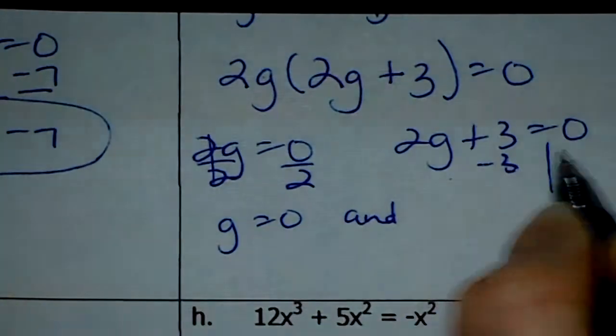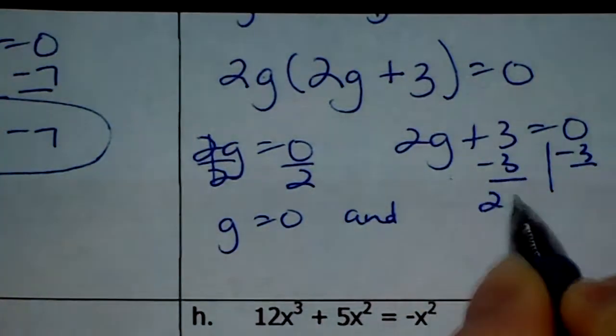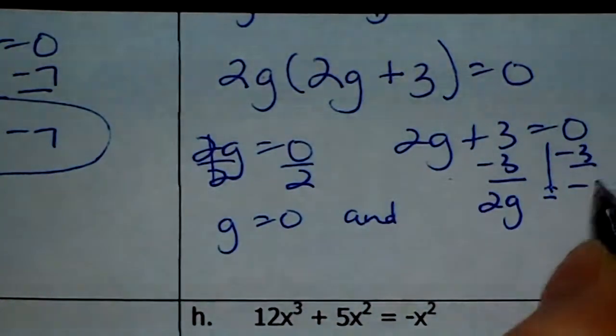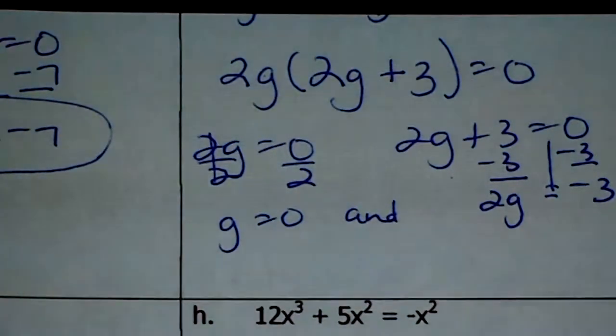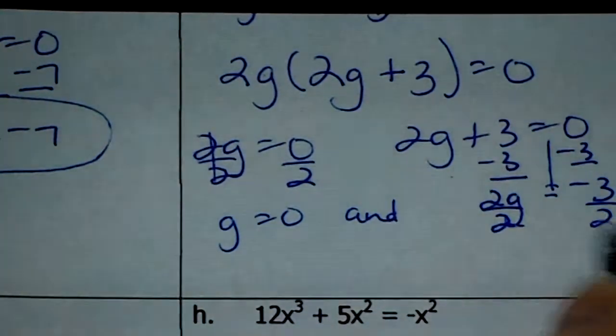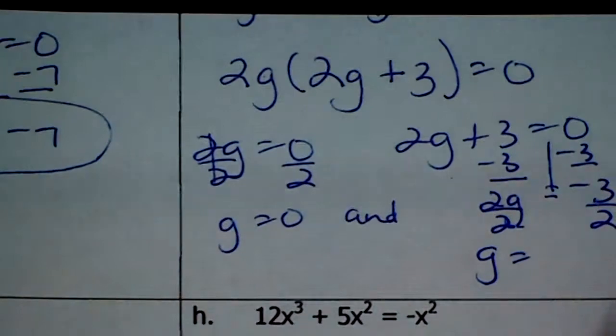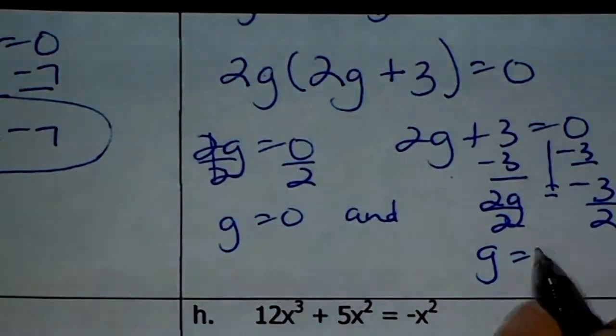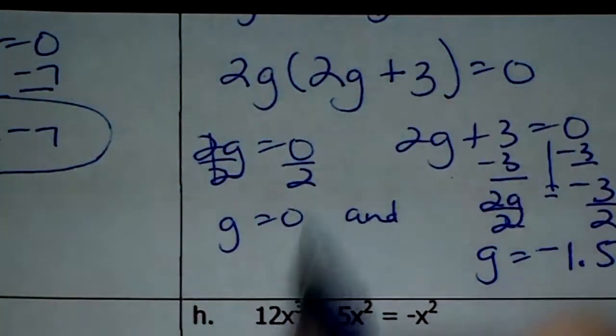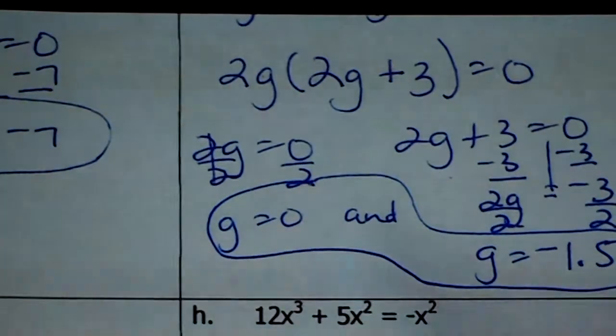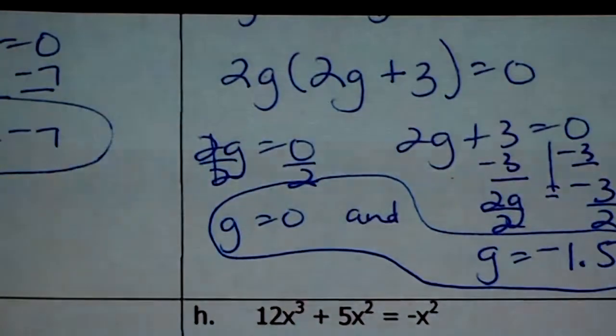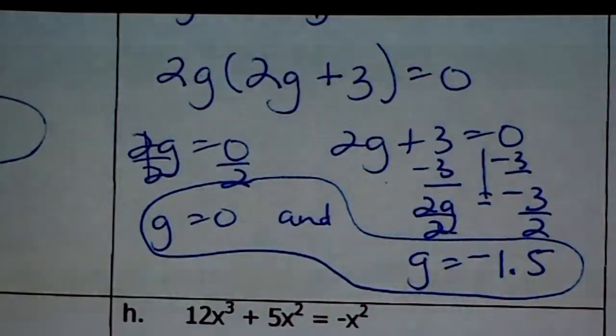We're going to start off by getting rid of that positive 3. So 2g would equal a negative 3. And then we'll divide by that coefficient. And negative 3 divided by 2, yes, it's a decimal, and yes, that's okay. Negative 1.5. So g is 0 or negative 1.5. I know, not quite a nice little circle all the way around, but hey, it works.